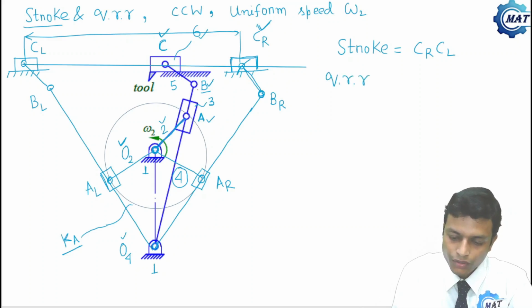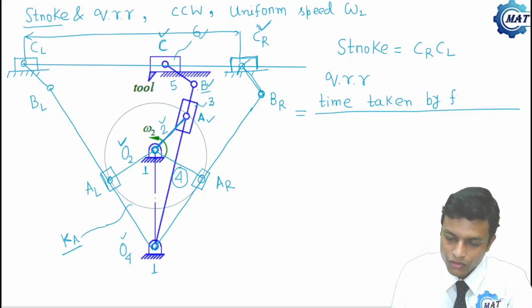We know that quick return ratio is the time taken by forward stroke divided by the time taken by return stroke.